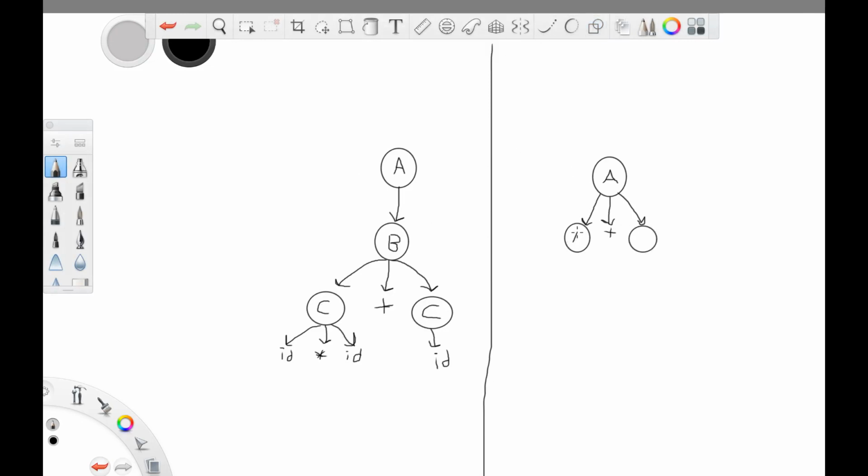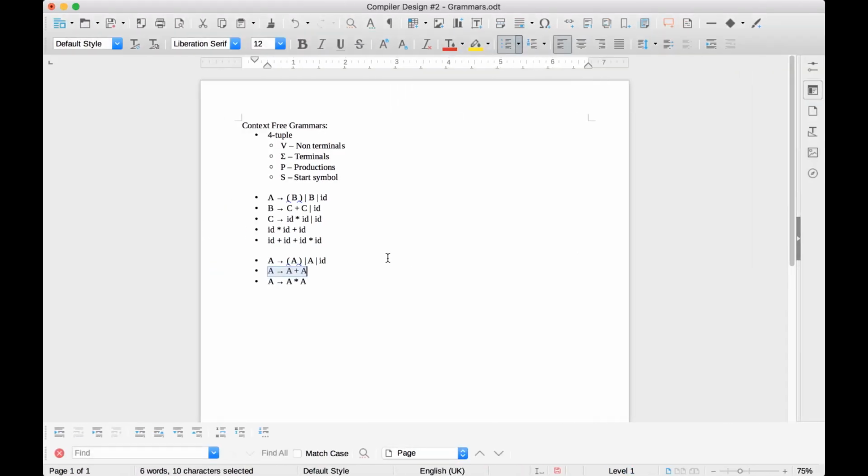Let's label these. And what should these open up to? What should these produce? Well, we need another plus.